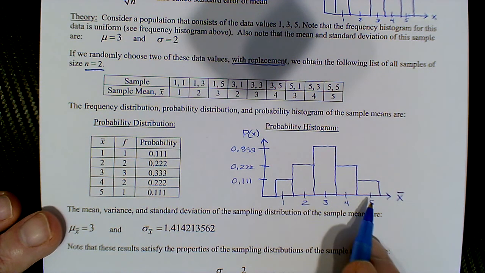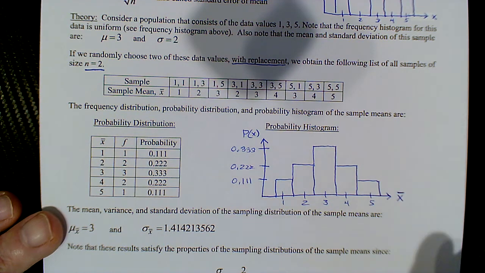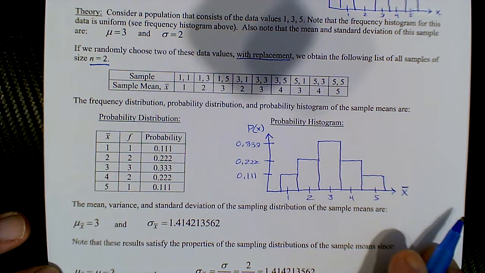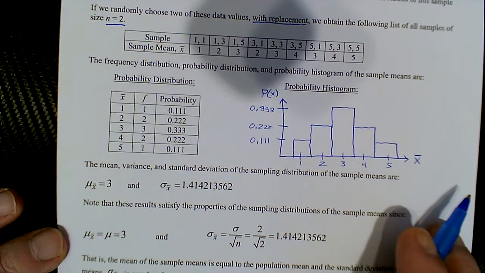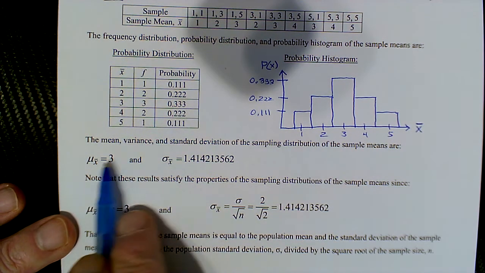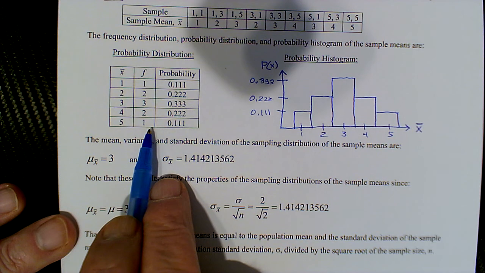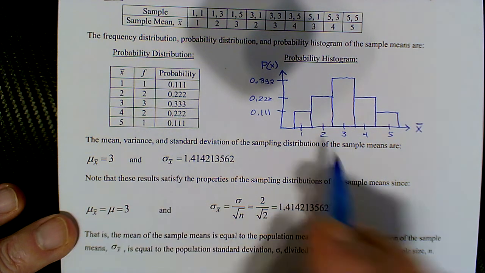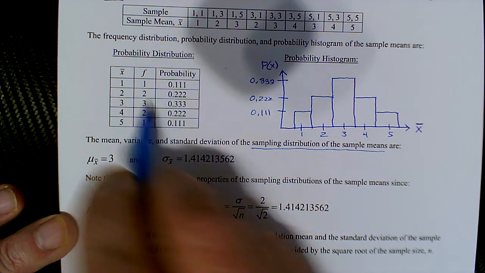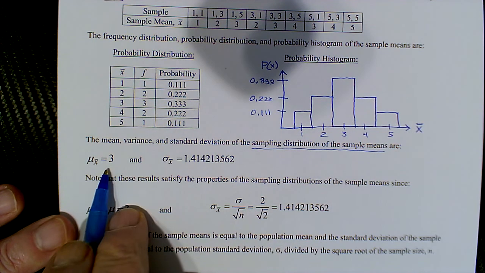And it turns out that we'll have some properties on the next page that talk about the sampling distribution of the sample means, in particular with regard to the sample size. But what we've illustrated, and you can calculate these, is that if you calculated the mean of this sampling distribution of the sample means, you'd get 3.